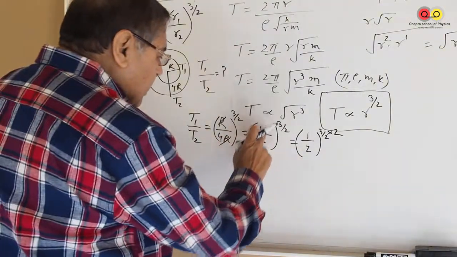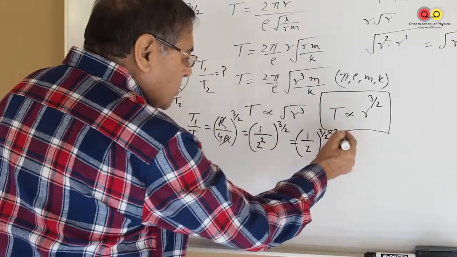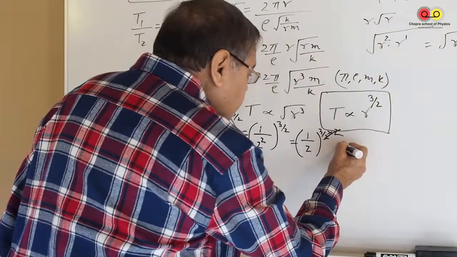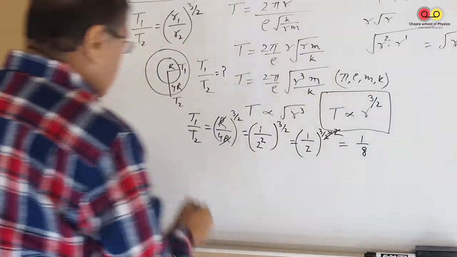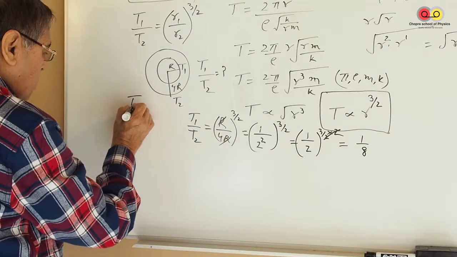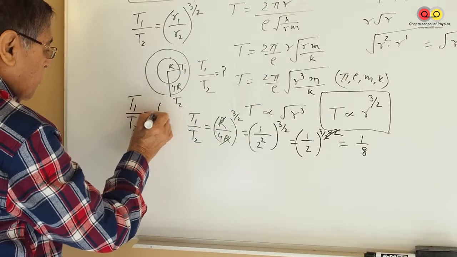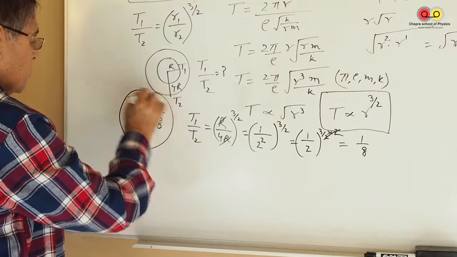So we have written 1 over 2, and this 2 is taken here. The 2s cancel. So it is written as 1 over 8. So T1 over T2 equals 1 over 8. This is our answer to this question.